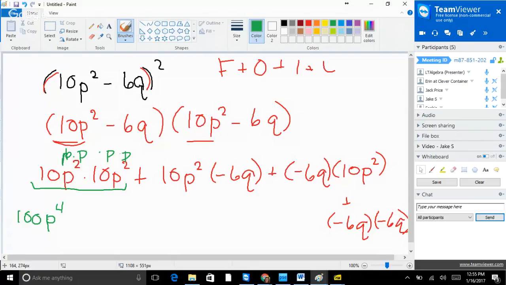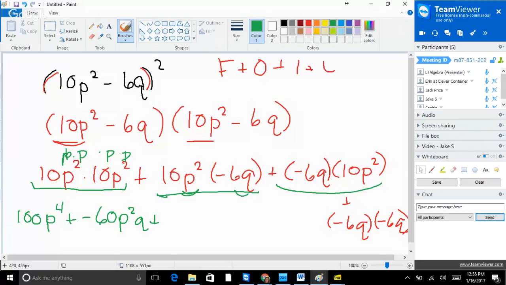Okay, now we have our second. We've got 10p squared times negative 6q. So 10 times negative 6 is negative 60. And then we've got p squared and q. We can't combine those together. They're different terms, right? So we've got p squared and q. Then our third term, we have negative 6 times 10.